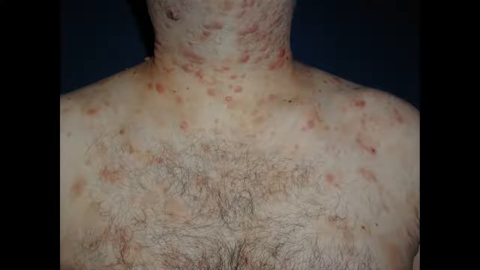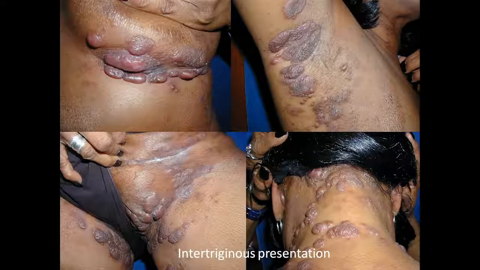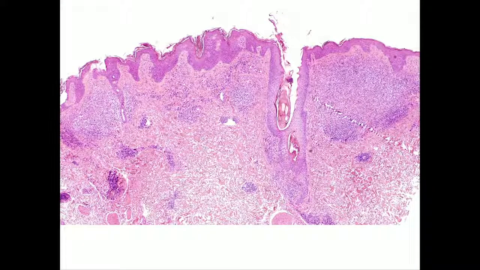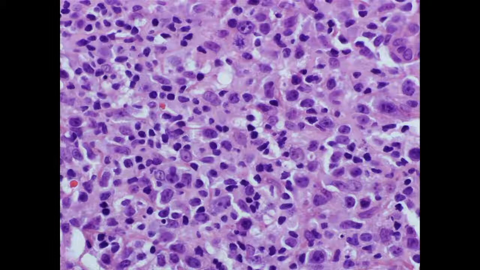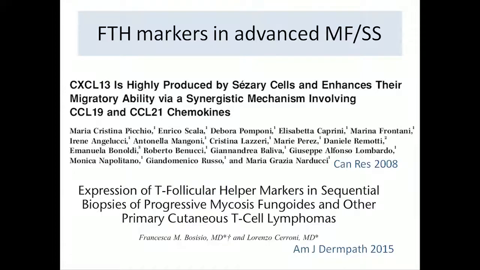So this is the mycosis fungoides Demblé presentation. Often those tumors become ulcerated and are in intertriginous areas. Often those cases have no epidermotropism. They have this granulomatous look, small, medium, atypical cells. Again, the co-expression of CD3, BCL6.